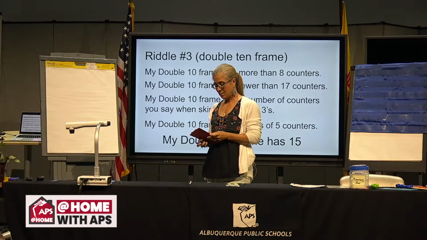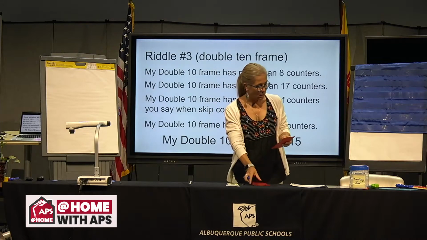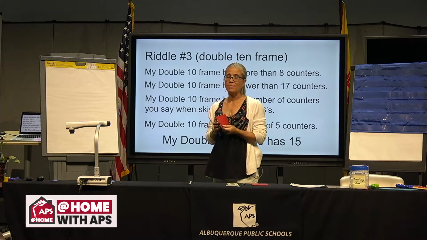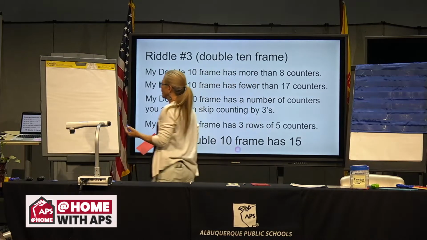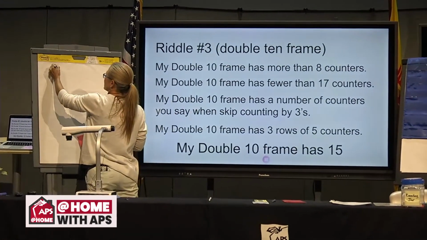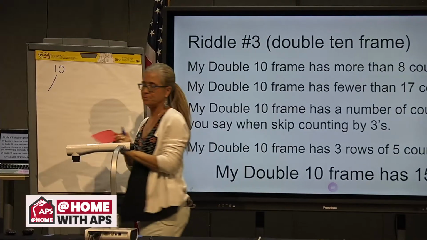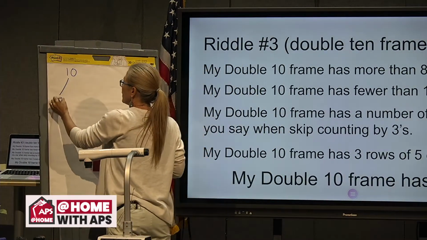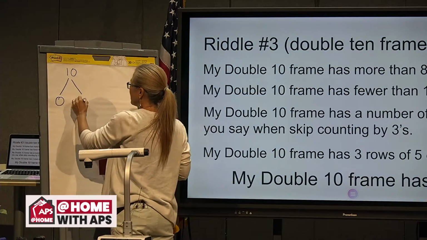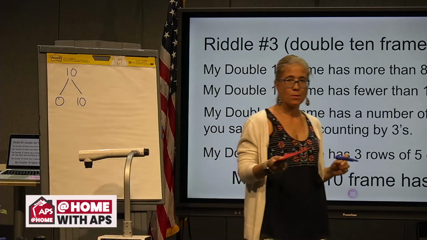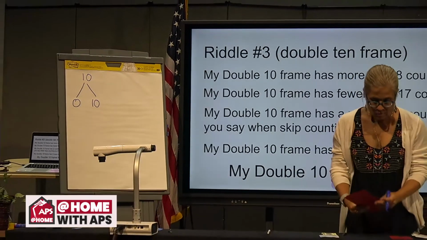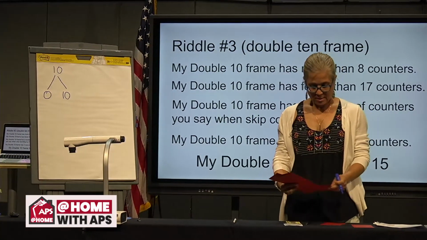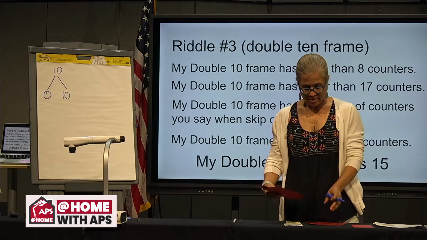So if I have 0 on my frame, how many do I need to make 10? I need all of them, right? So I need 10. So one combination that makes 10 is 0 and 10. And we know, because we've talked a lot about this, that we could flip that around, right?